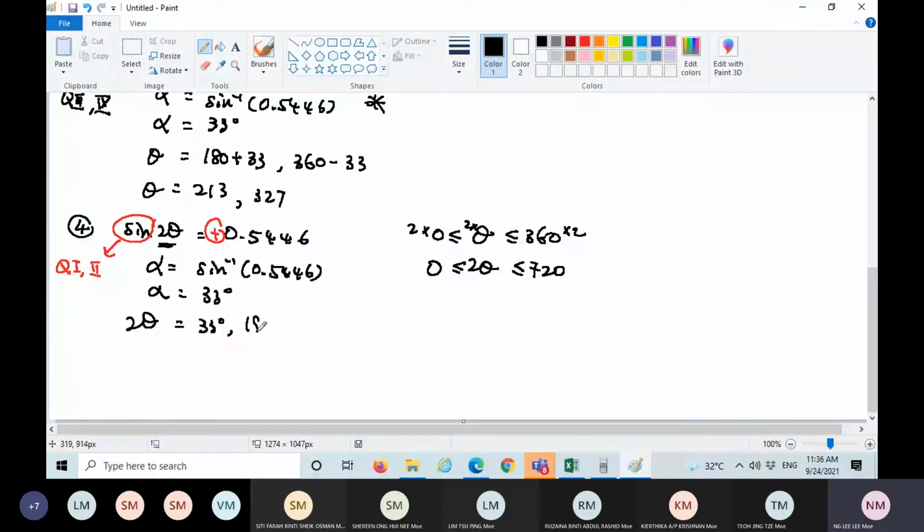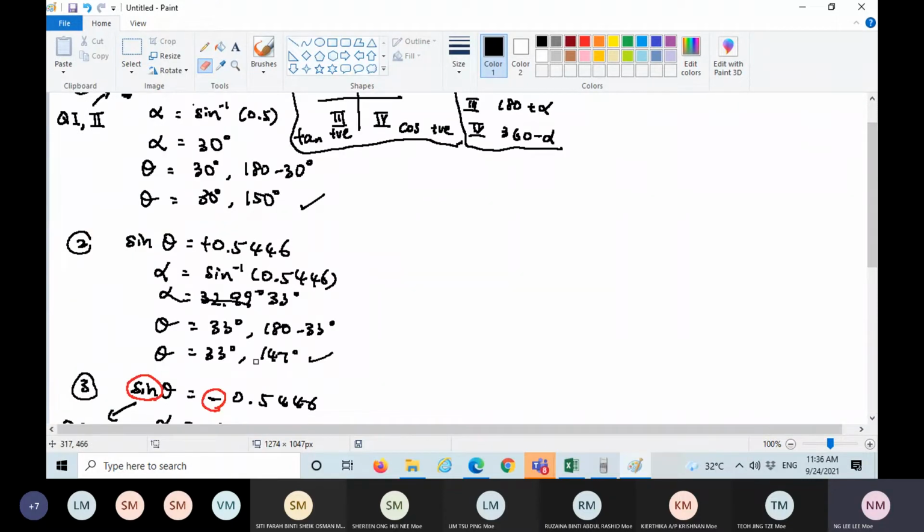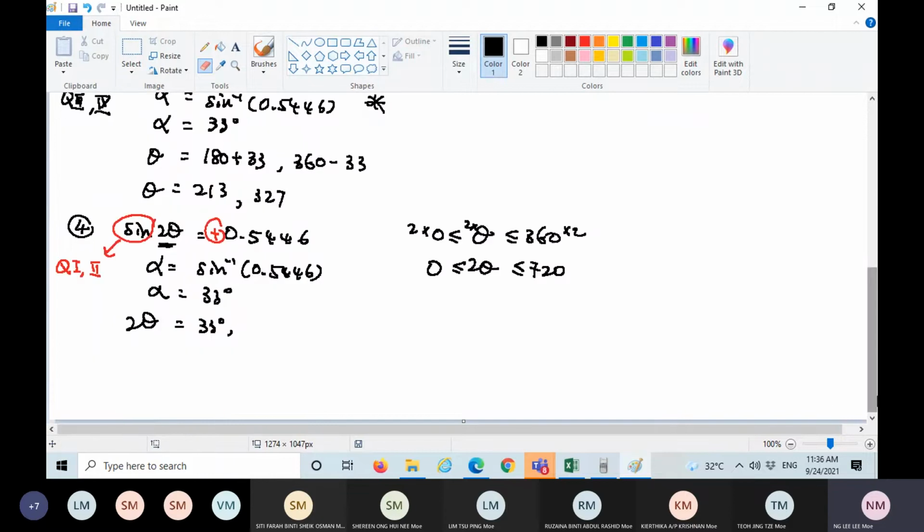Second quadrant, 180 minus what? 33 degrees. You can straight away help me get the answer, 180 minus 33, you don't write already. Now we want to go faster. So 180 minus 33 is just now the answer, 147. I copy down here 147.